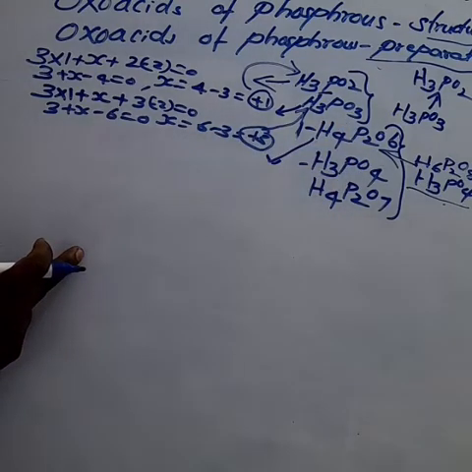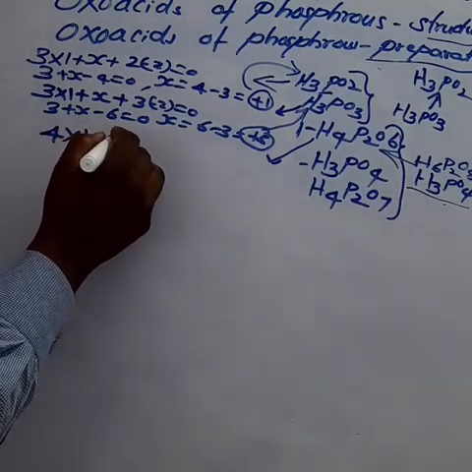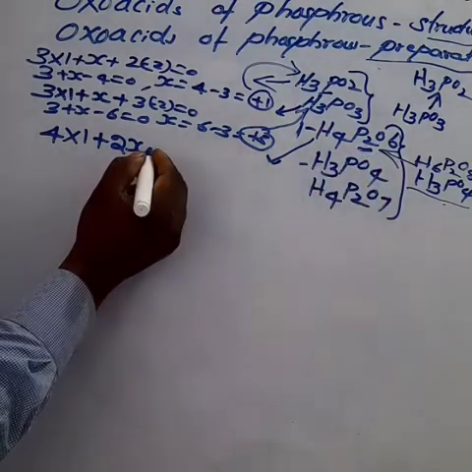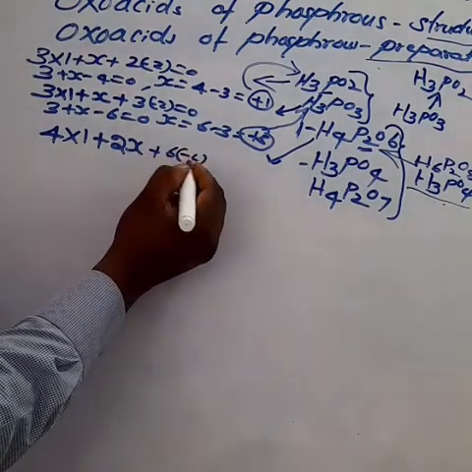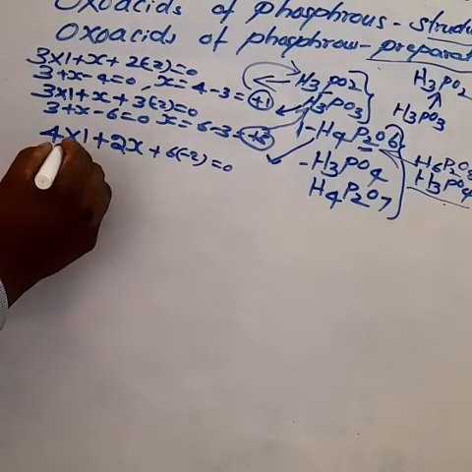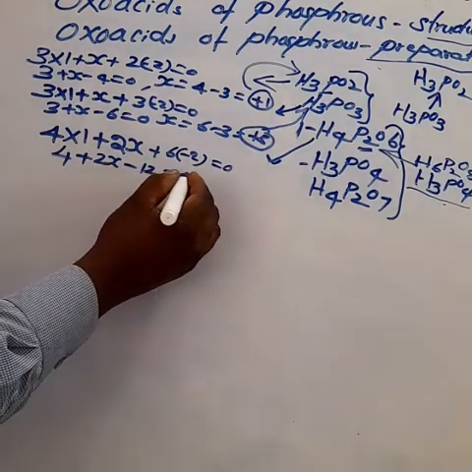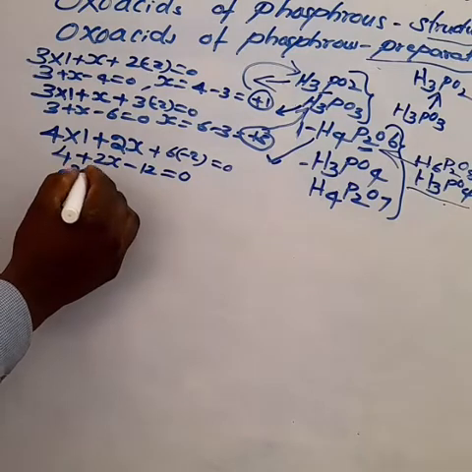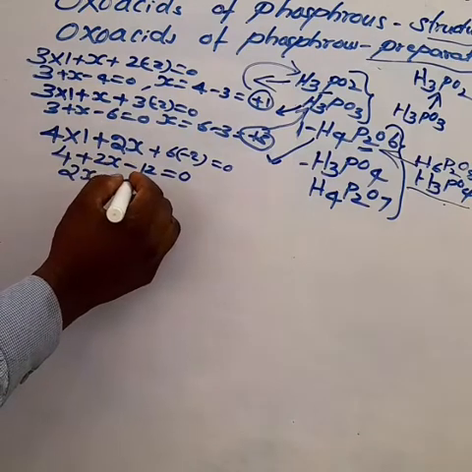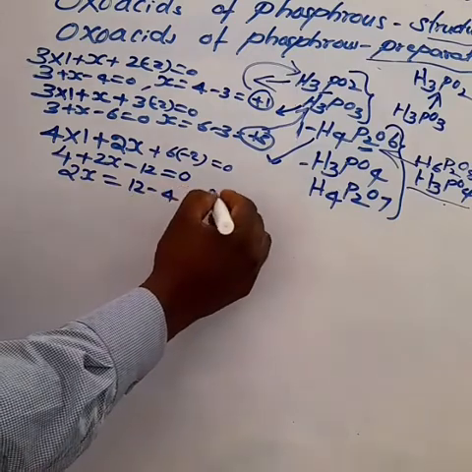H4P2O6. 4 into plus 1 plus 2X plus 6 into minus 2 equal to 0. 4 plus 2X minus 12 equal to 0. 2X equal to 12 minus 4. 2X is equal to 8.